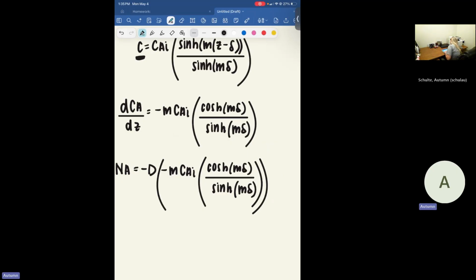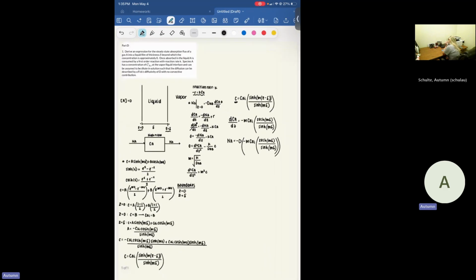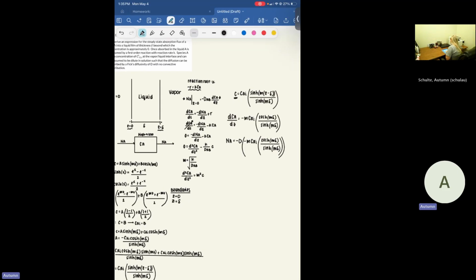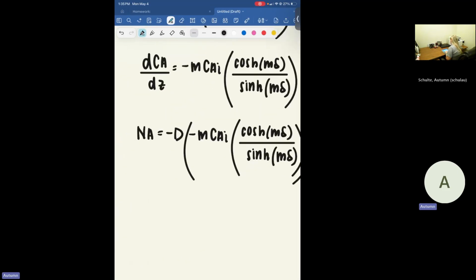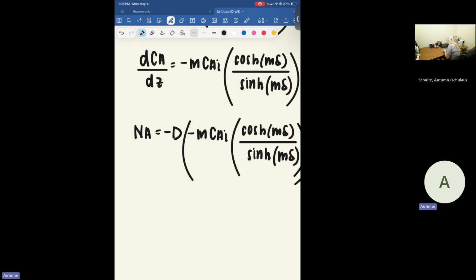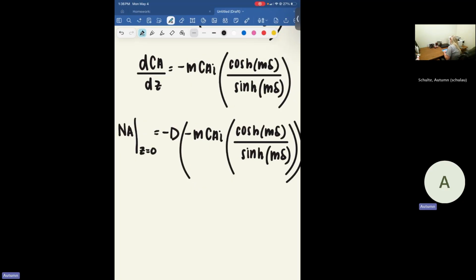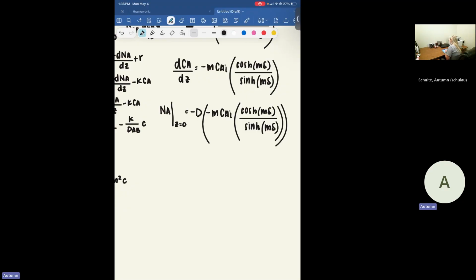And this is our absorption flux of a gas A into a liquid film thickness delta. So this is exactly what we were solving for. So this is our molar flux at position z is equal to 0. This is our absorption flux that we were solving for.